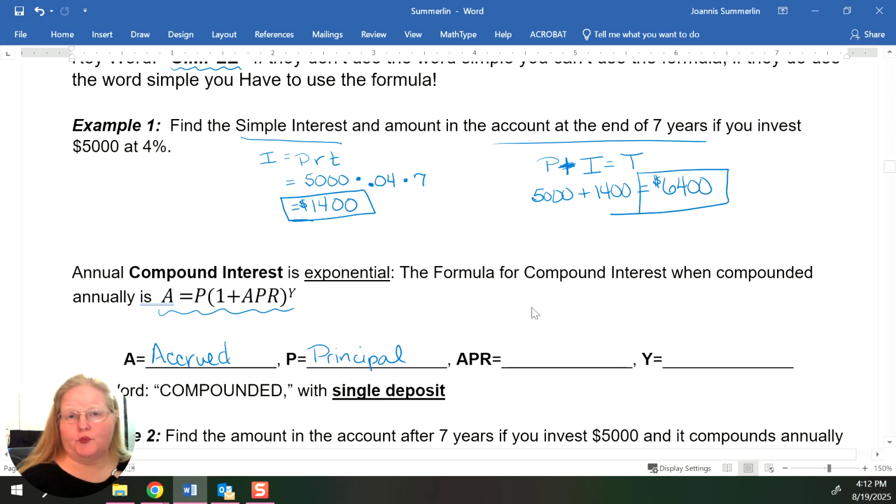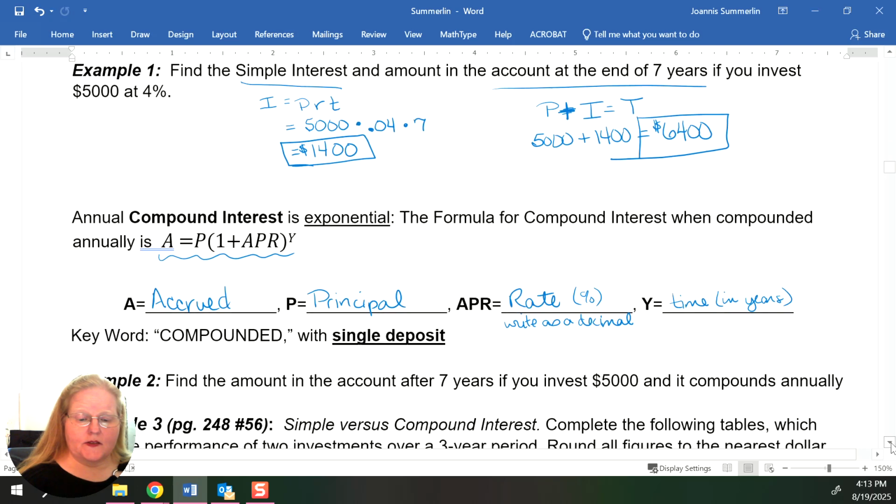APR is the annual percentage rate, or the rate. Make sure you write it as a decimal. And Y is your time, and you want it to be in years, because that's what the formula is.